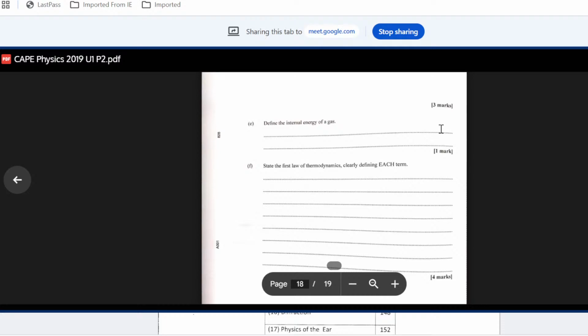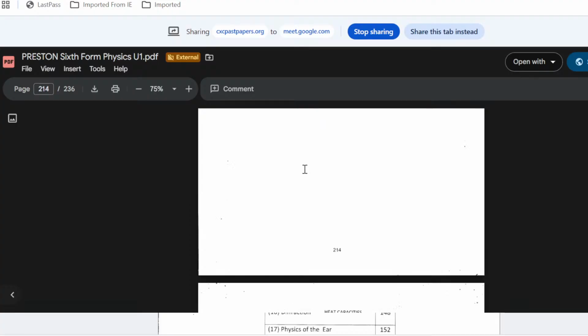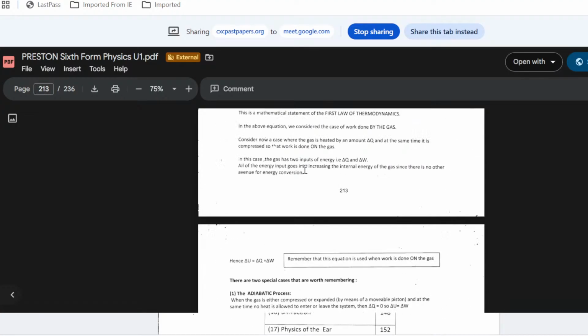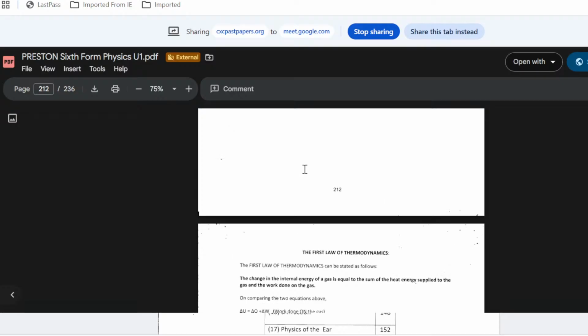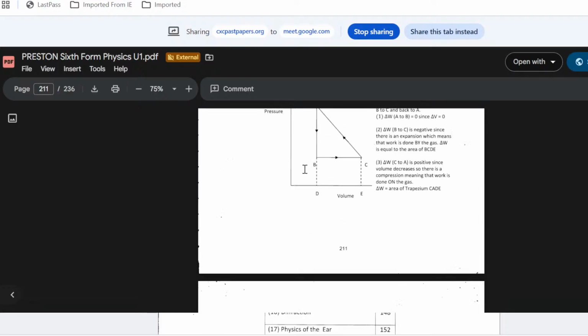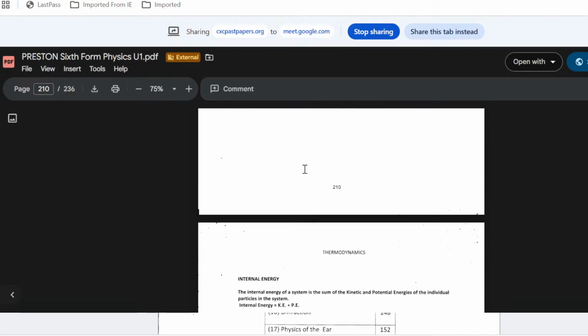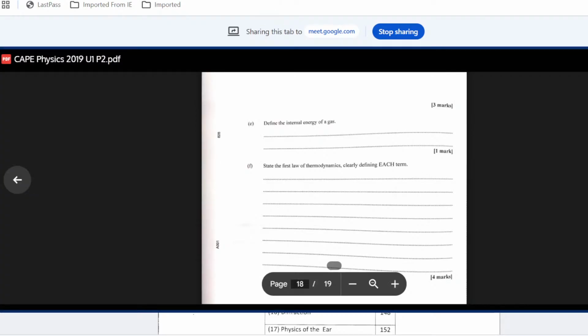What's the internal energy of a gas? Could you just say that it's the sum of the supplied energy plus the work done? Well, that's the law though.